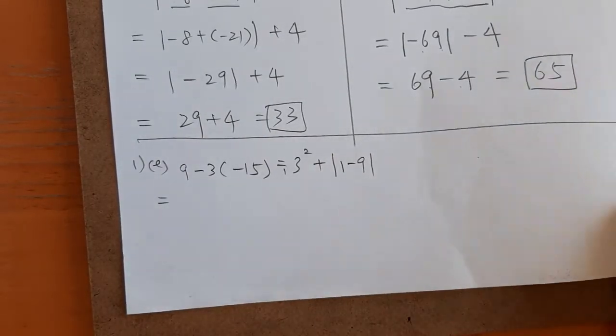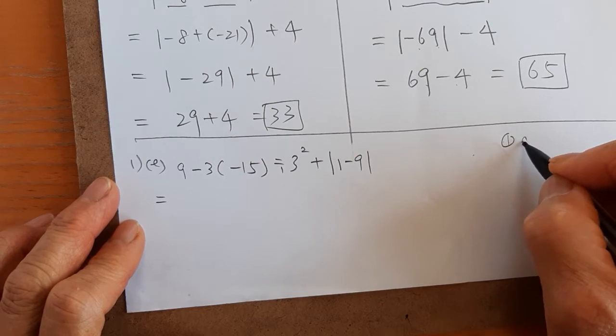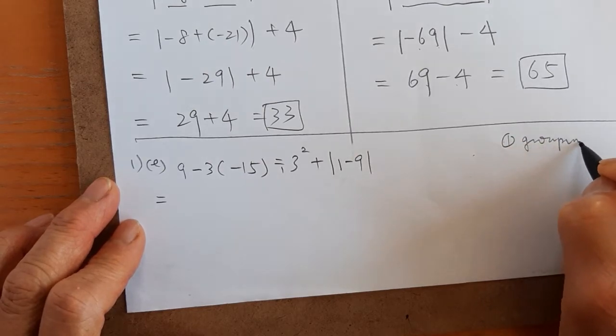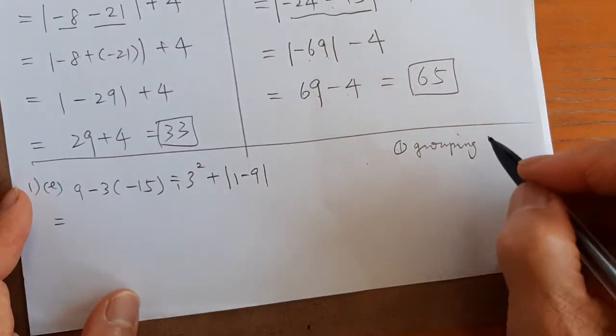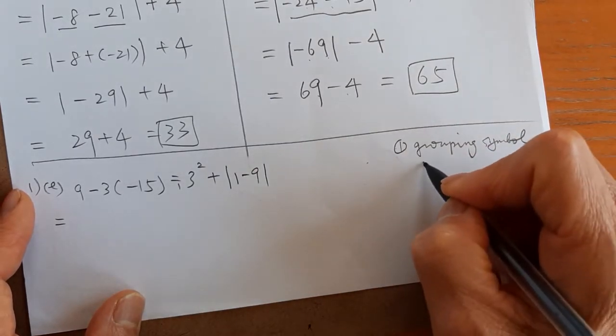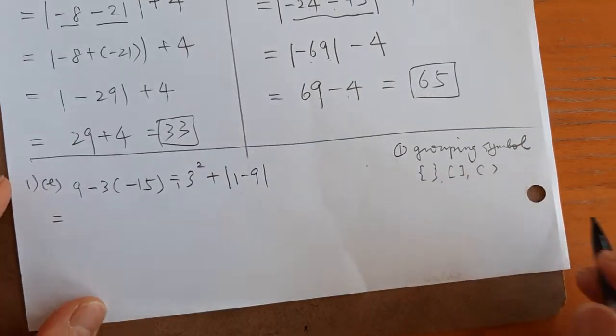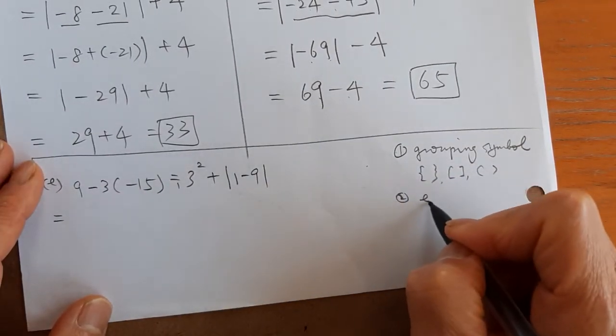The order of operations, the first one you do, you will do inside the grouping symbol first. Grouping symbol means like brace, bracket, and parenthesis do first. Second one you do exponent first.